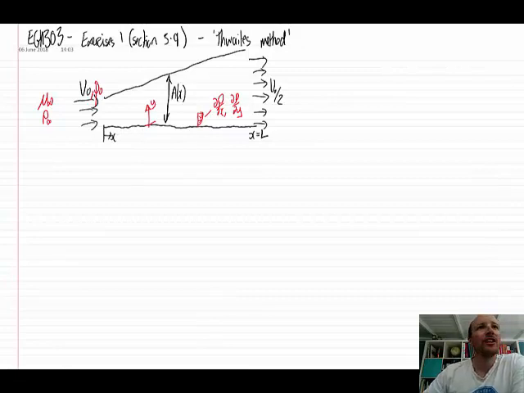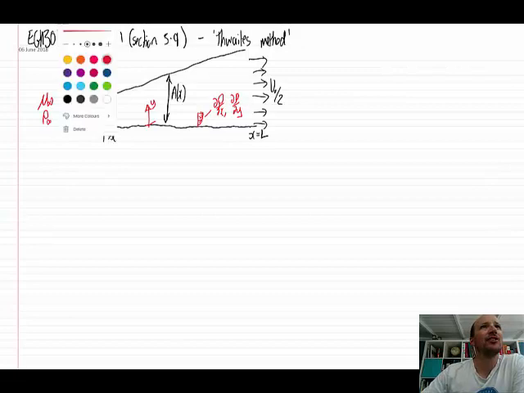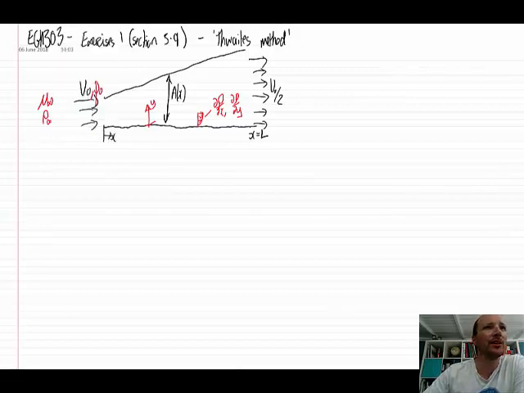So the first thing that it seems sensible to apply to this is conservation of mass, or the continuity equation. So let's state that's the principle that we're using here.